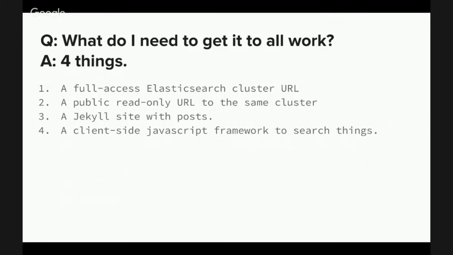Number 2, you need a public read-only URL to that same cluster that you're sending data to, because we're going to be using that in our client-side JavaScript to search things. Number 3, you need a Jekyll site with posts to send to Elasticsearch. Of course, I use my own site, alizad.com. And then lastly, which is the hardest part, honestly, is a client-side JavaScript framework in order to search things. And like I said, I'm using React and SearchKit, which was very fast to get up and running.